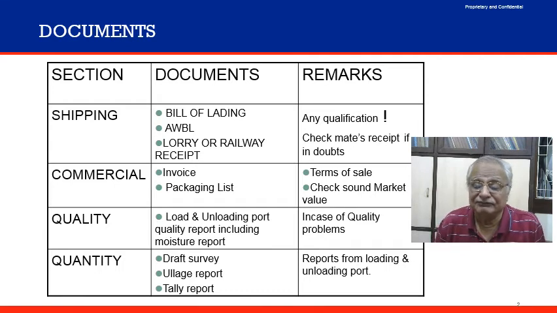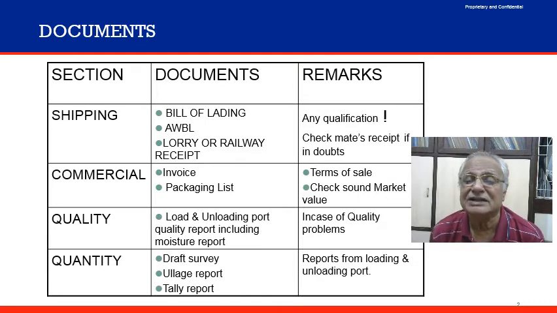So for a steel consignment, if I am taking a cargo which is in damaged condition, whenever you have a doubt about the condition incorporated in the bill of lading, you should be asking for the mate's receipt. What the mate's receipt is trying to indicate is the details of the cargo.